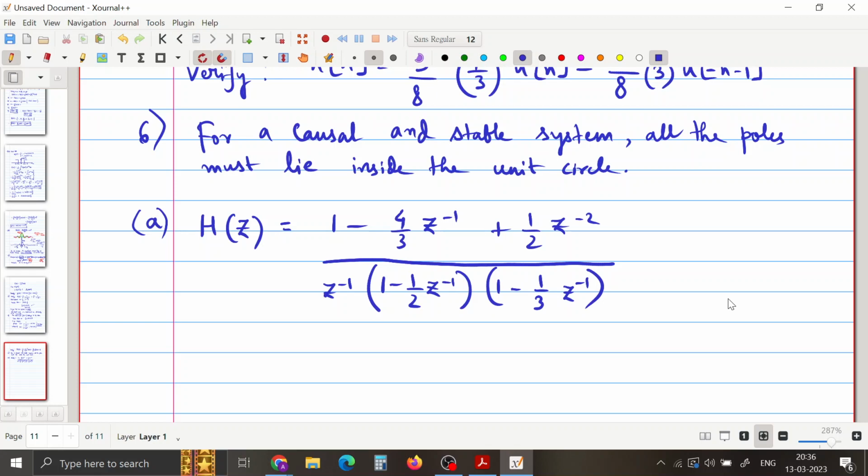First, you need to check the pole locations. Tell me the pole locations for this.